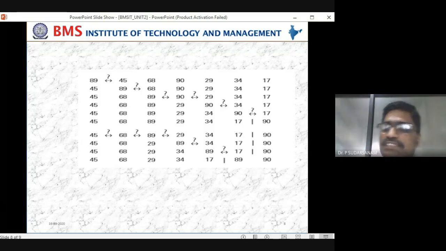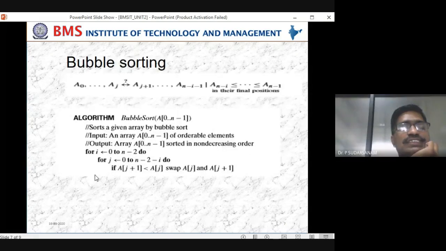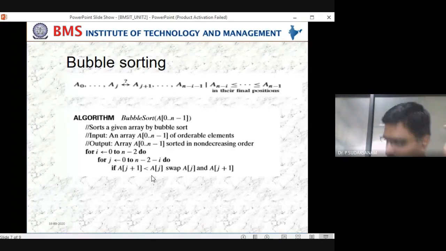So now where is Aishwarya? Aishwarya? Yes, sir. Now tell me the summation equation. How to write the summation equation for this algorithm? Tell me the recurrence equation for this.